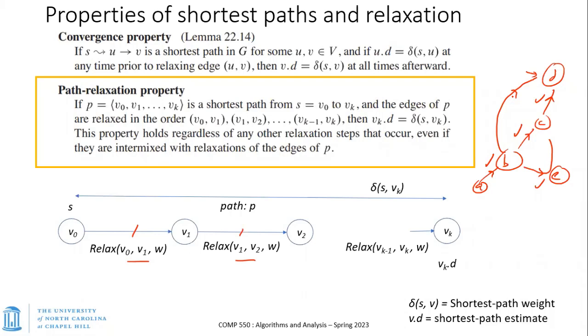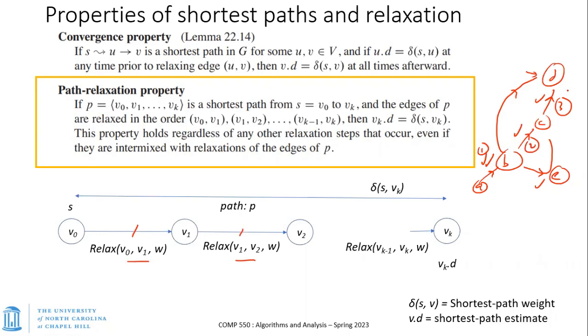Yeah, so essentially what we're saying is that if you relaxed in this order, let's say edge 1, edge 2, and edge 3, then after relaxing 1, 2, and 3, the estimate at D is guaranteed to be the shortest path weight.